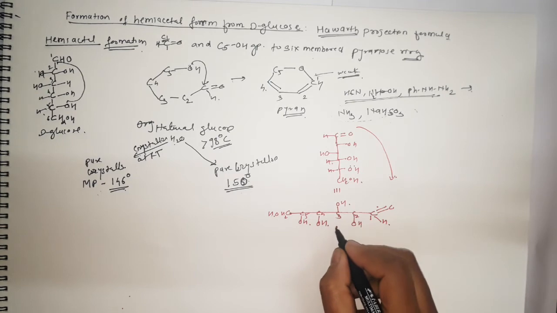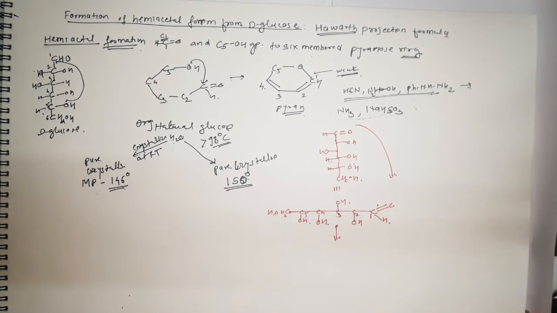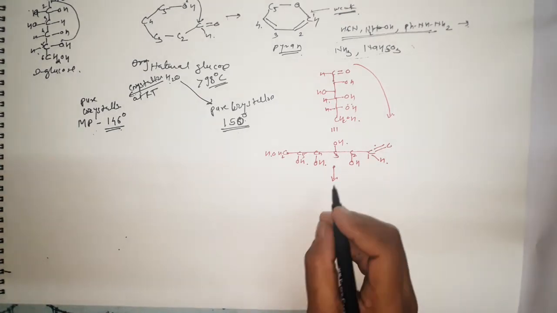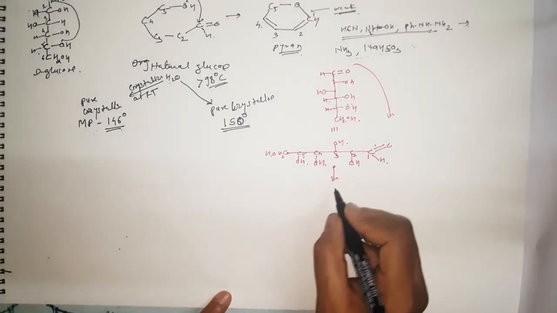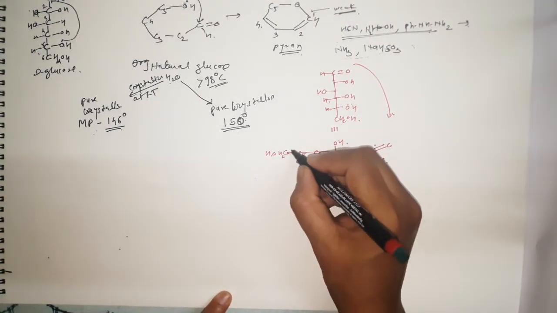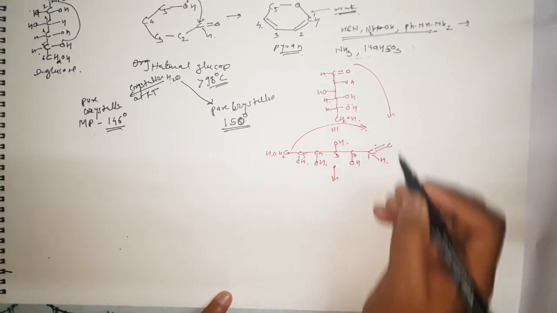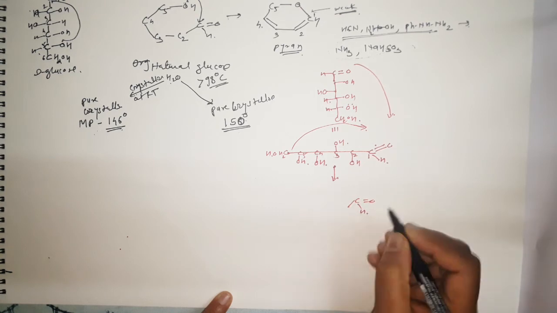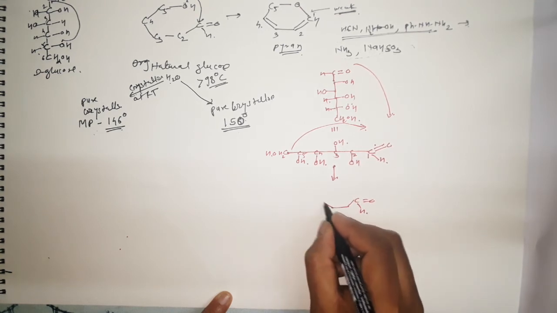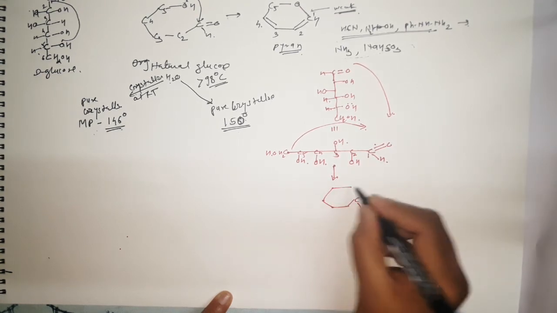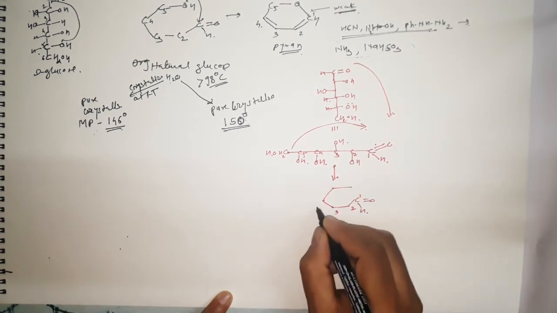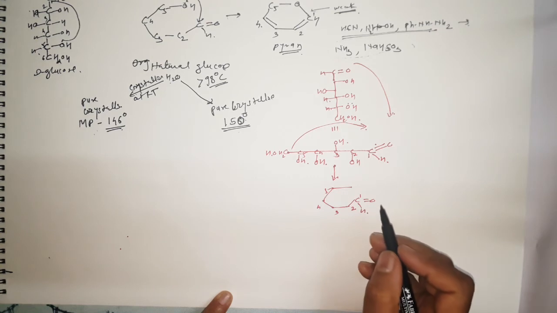Now, if you write down the coil structure, just C double bond OH, so this is carbon number 1, 2, 3, 4 and 5.